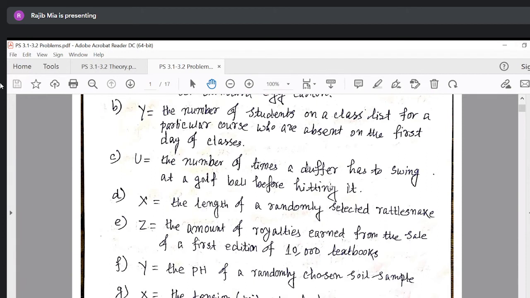You said x is greater than 0 and in between n. If the value of n is approximately 25 feet, then a rattlesnake cannot be as big as an anaconda. So the length should be fixed, no? 0 to 8, 0 to 12, for the rattlesnake.